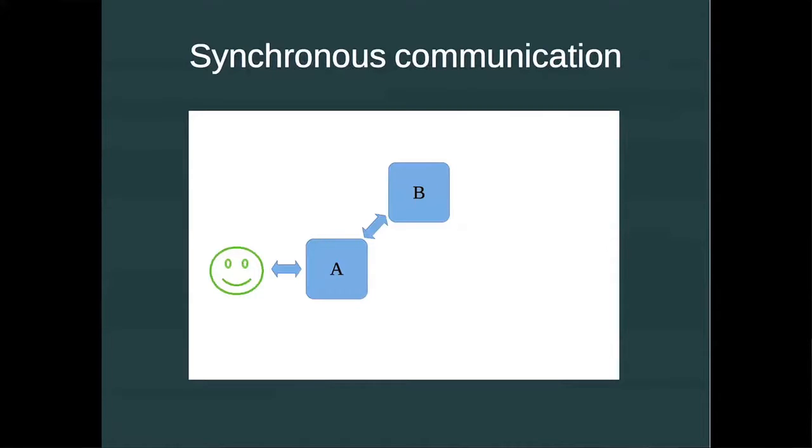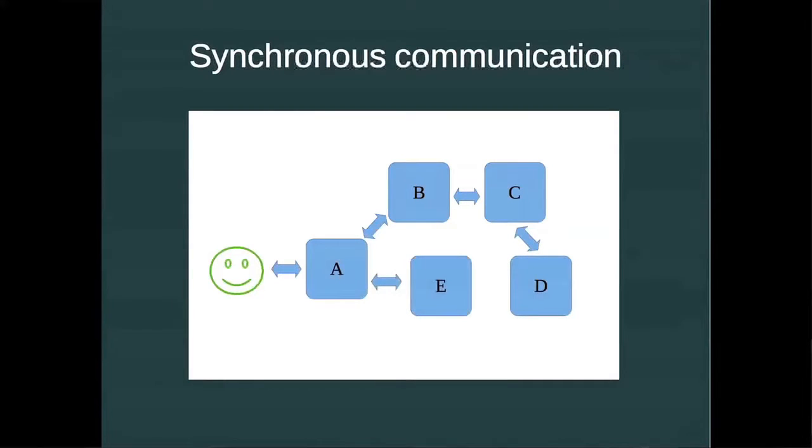We might have more. B might need to talk to C during its processing, C might need to talk to D, A might have to go to multiple systems, and E might have to go to D as well. And as long as everything is happy here, as long as all these systems are running and performant and working, then our user will remain happy.